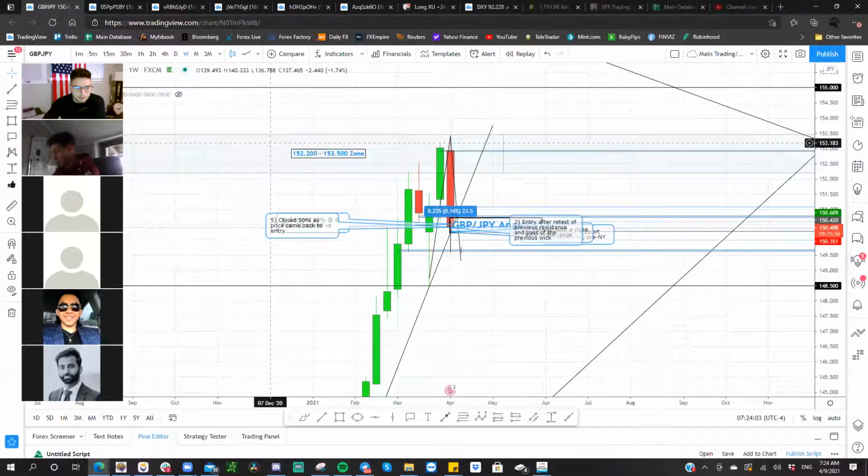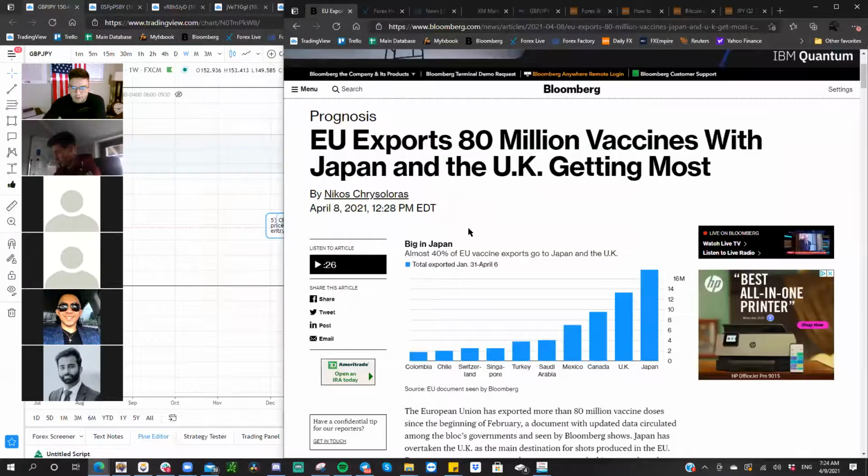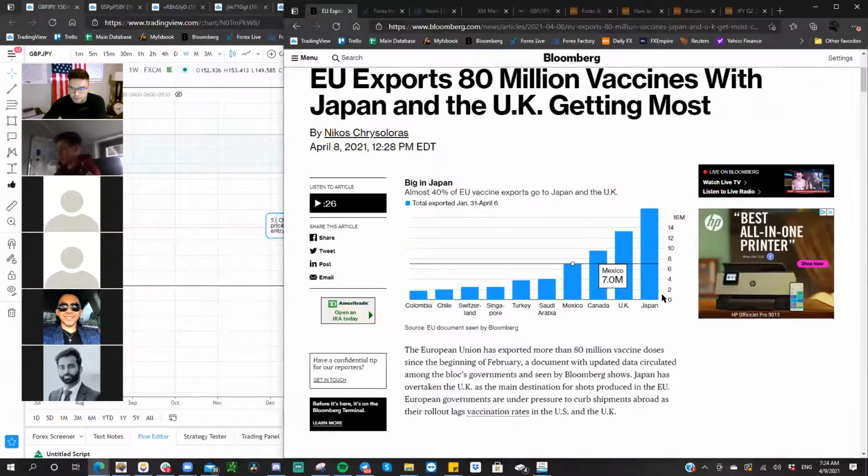Technically, and then fundamentally, with this vaccine news, Japan has overtaken the UK when it comes to importing vaccines from the EU. And the EU has exported, see this? Exported 80 million vaccines. And Japan has gotten 17.7.